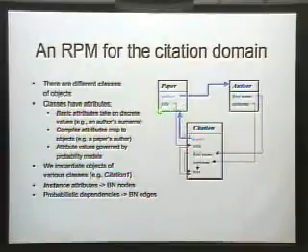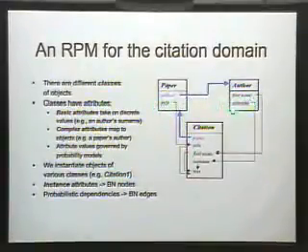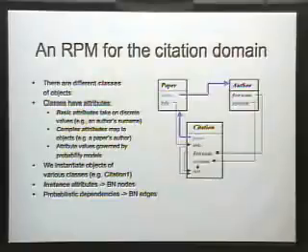There's basic attributes, which take on discrete values. For example, a paper's title ranges over strings of characters. And then there's complex attributes, which map from objects to other objects.